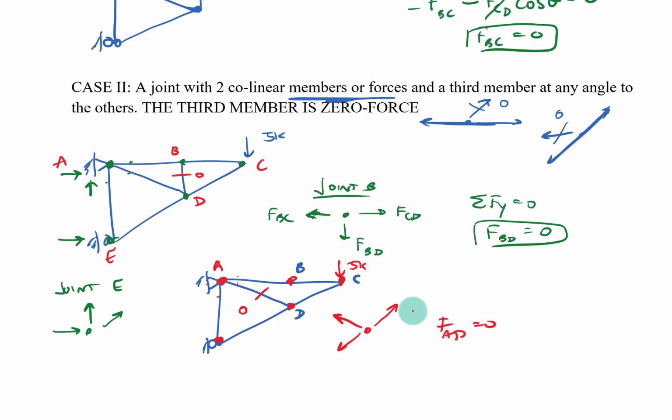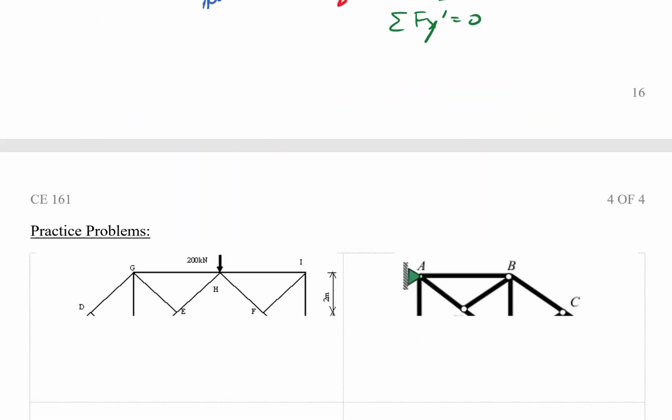And it's harder to tell in this picture, but you can reorient your axes so that these are your primary axes, and you can sum your forces in Y prime to show that the only component in that axis is force AD. So let's look at some examples down below.